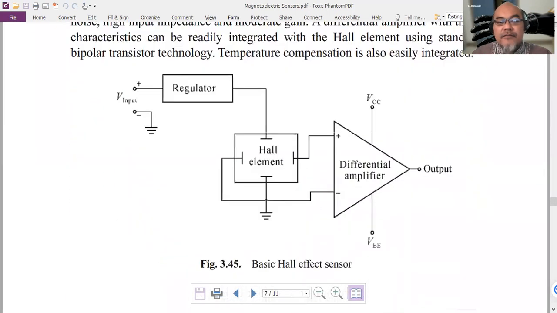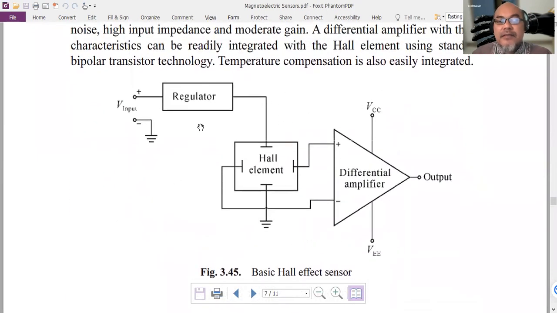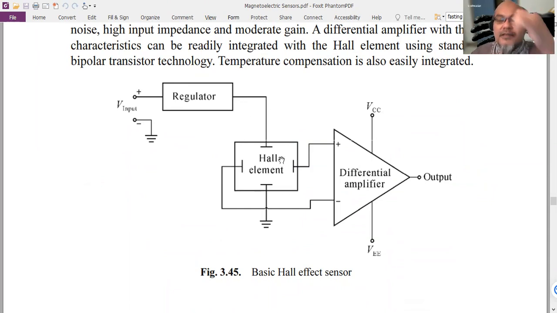So this is the 3445 basic Hall effect sensor. The Hall element is here, as you can see. This is the exciting electrode, where voltage is being put so that current flows from the two ends of the Hall element. Then at the edge, the generated electromotive force is detected and amplified using a differential amplifier.